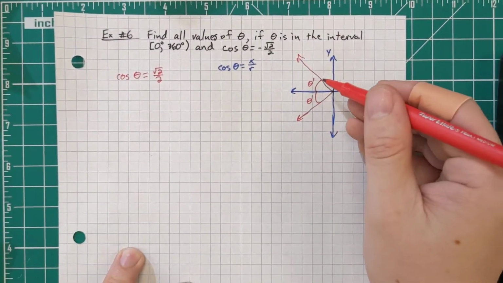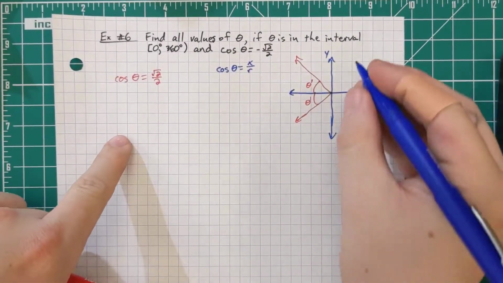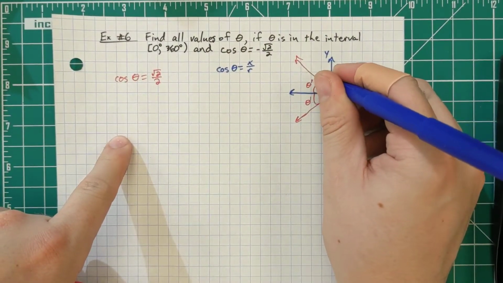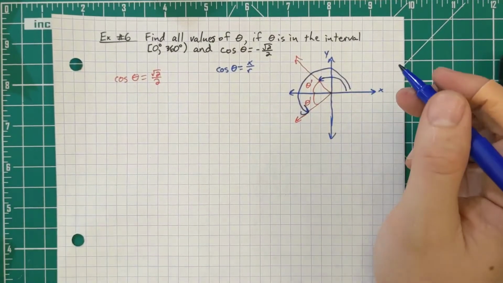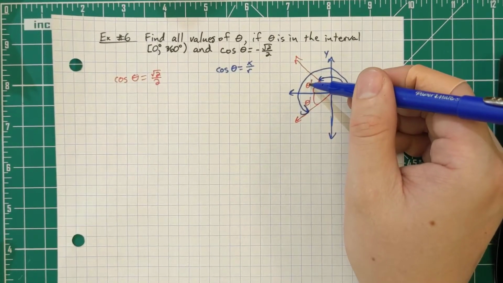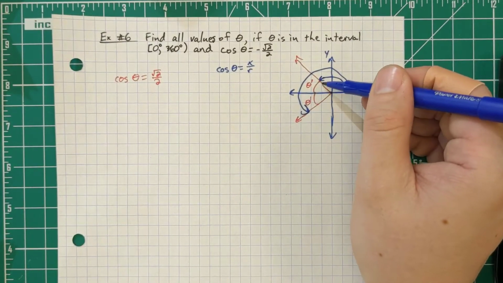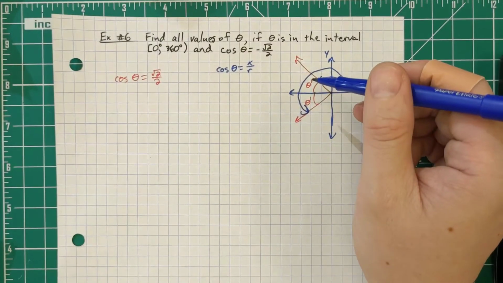Then I can figure out what each of these angles is exactly, because this goes there and that one goes all the way around there. So this will be theta prime degrees less than 180. This will be theta prime degrees more than 180.